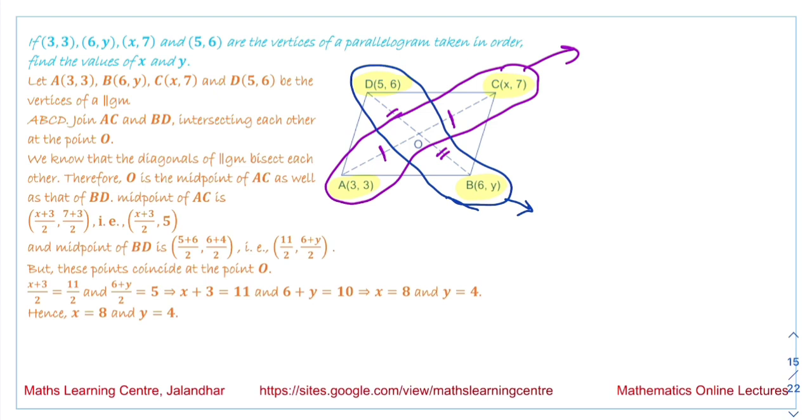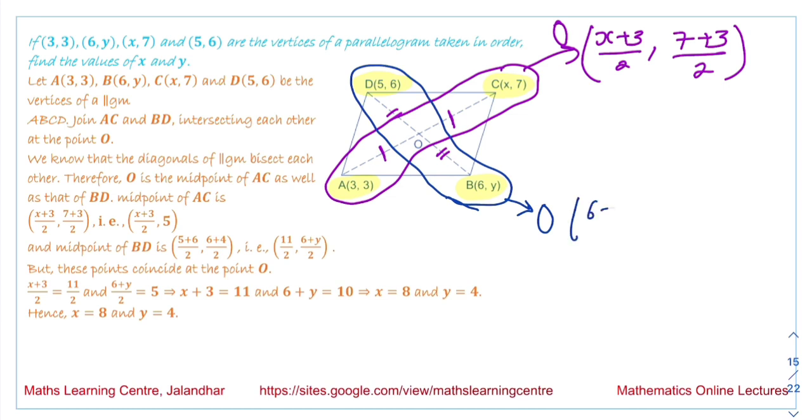So the coordinates of the point O by using the points A and C are x plus 3 by 2, comma 7 plus 3 by 2. These are the coordinates of point O. By using the points B and D, the coordinates are 6 plus 5 by 2 and y plus 6 by 2.